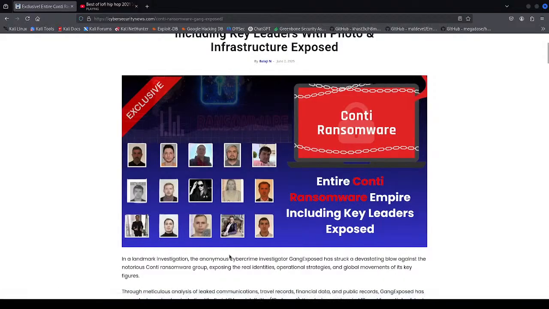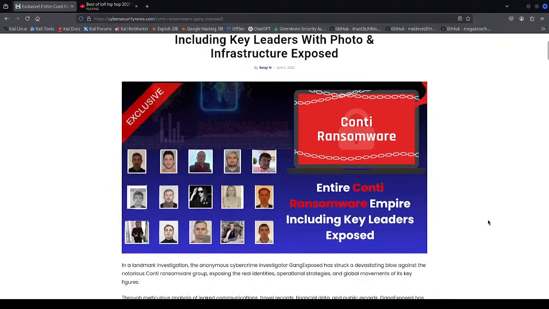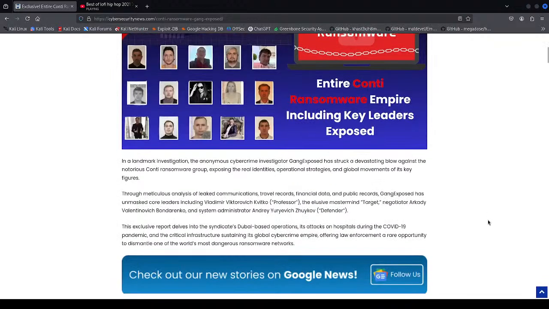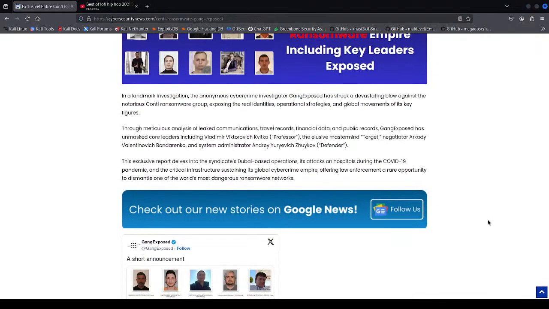In a landmark investigation with an anonymous cybercrime investigator, Gang Exposed has struck a devastating blow against the notorious Conti ransomware group, exposing the real identities, operational strategies, and global movements of its key figures. Through meticulous analysis of leaked communications, travel records, financial data, and public records, Gang Exposed has exposed core leaders including Vladimir Viktorovich, so I'm assuming these guys are from Russia, the elusive mastermind, Arkady Valentinovich Bondarenko, the negotiator, and system administrator Andrei Yurovich Zhukov, the defender.